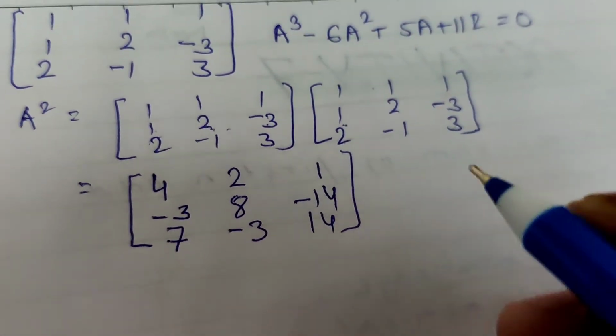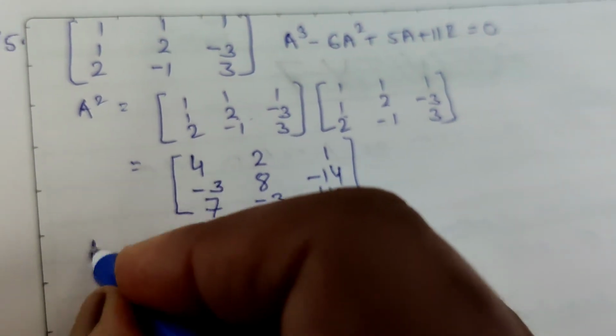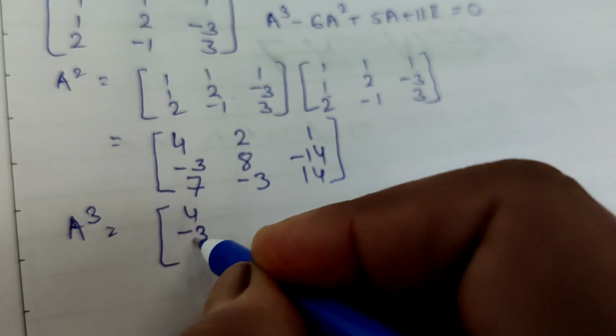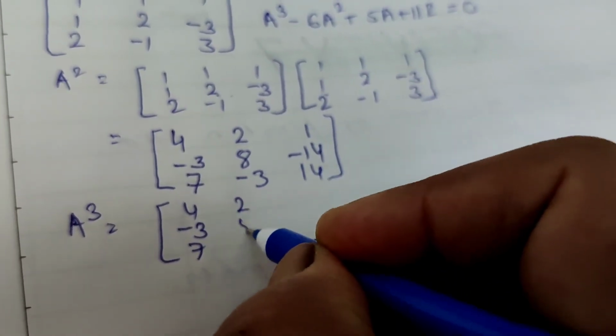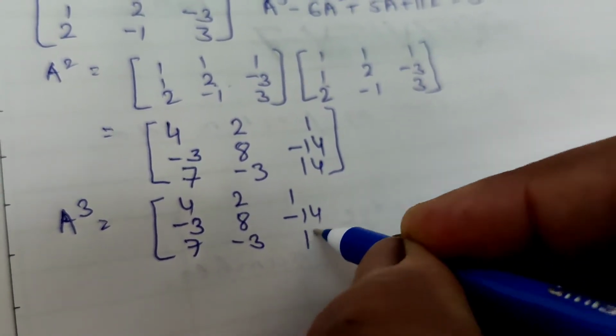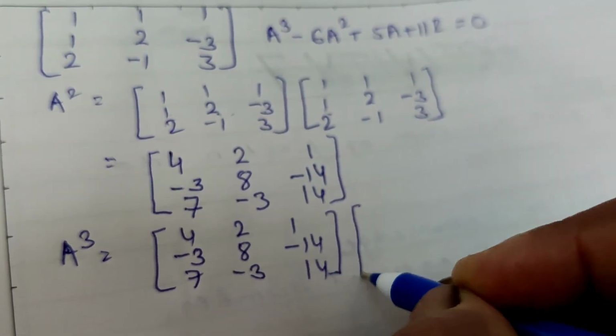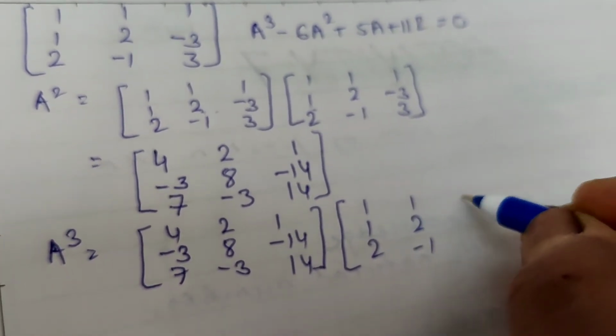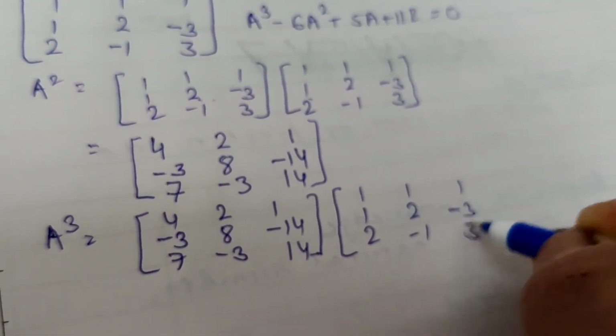This is A square. Now next find A cube. 4, 7, 2, 8, minus 3, 1, minus 14, 14. Multiply to the A: 1, 1, 1, 1, 2, minus 1, 1, minus 3, 3.